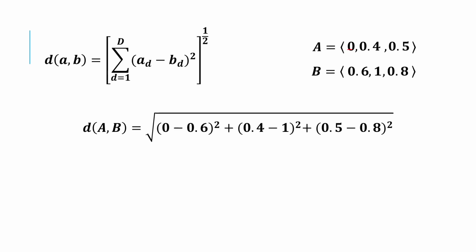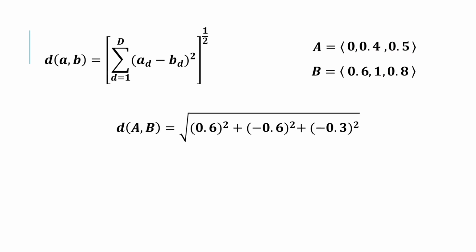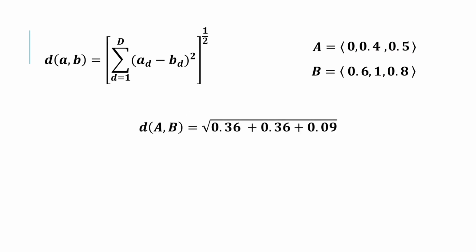So this one is a sub 1, this is b sub 1, a sub 2, and b sub 2, this one over here, and then a sub 3, and then b sub 3. And then with just a simple manipulation of numbers, we get 0.9 as the distance between these two vectors.